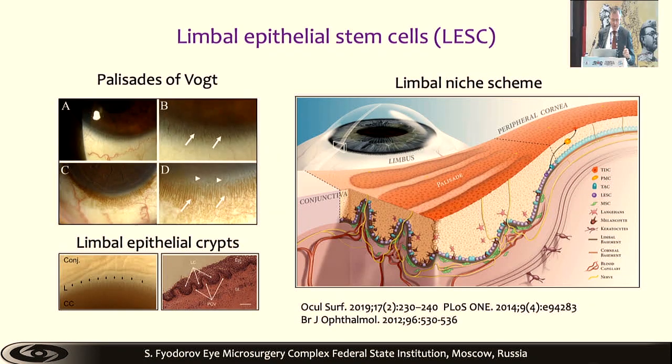This is just to remind you of the complex structure of the limbal area, which we know generates the limbal cells covering the cornea, and this layer is vital to keeping the cornea transparent and completely clear.